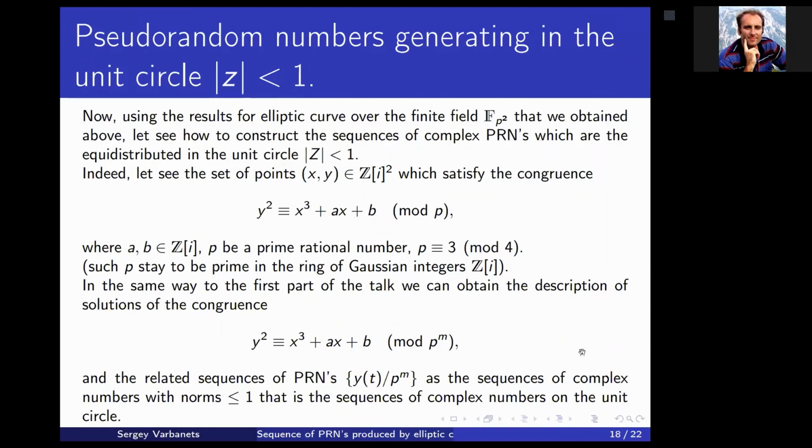The next research that we have done is research on pseudorandom numbers generating on the unit circle.